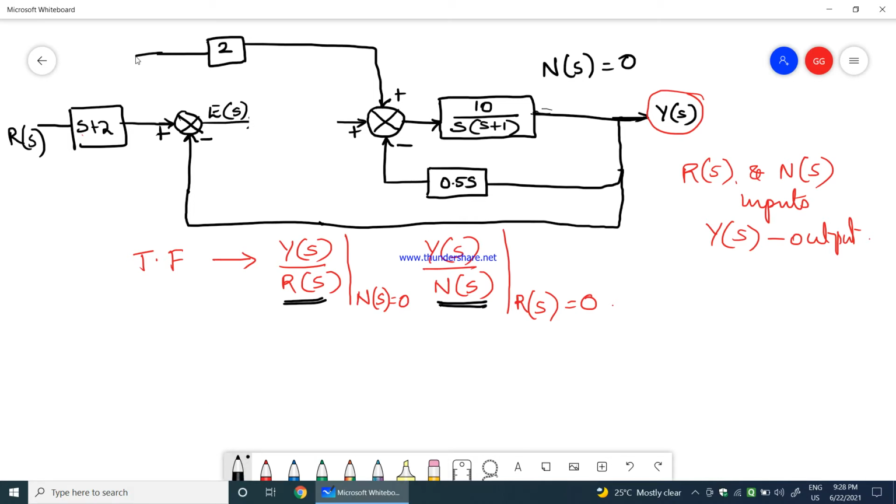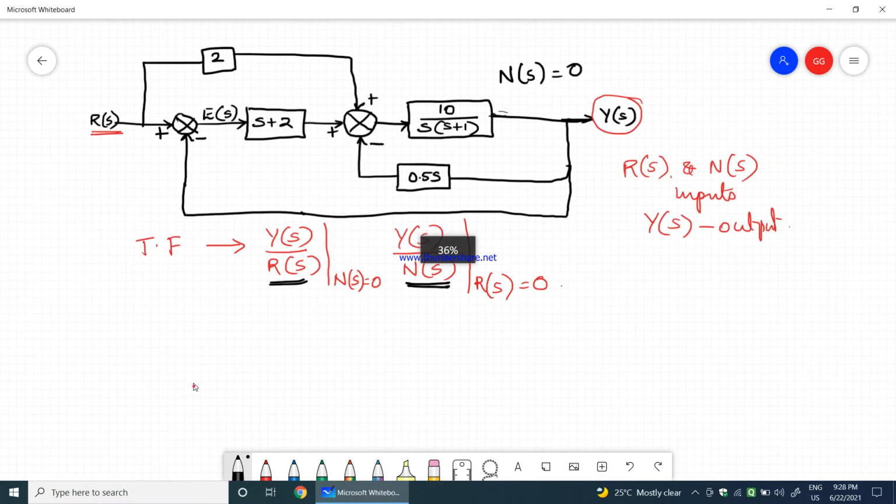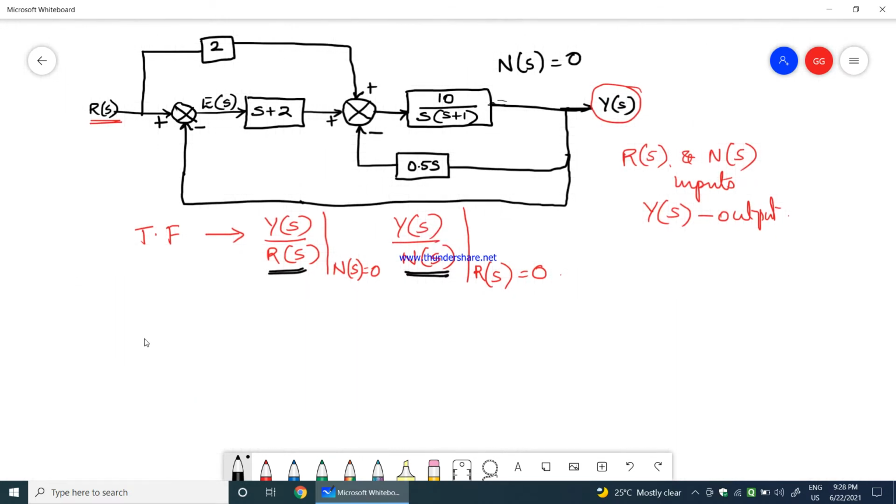I think it is better we write a separate diagram itself, because we'll lose the initial connections that we had. Fine, don't get confused.